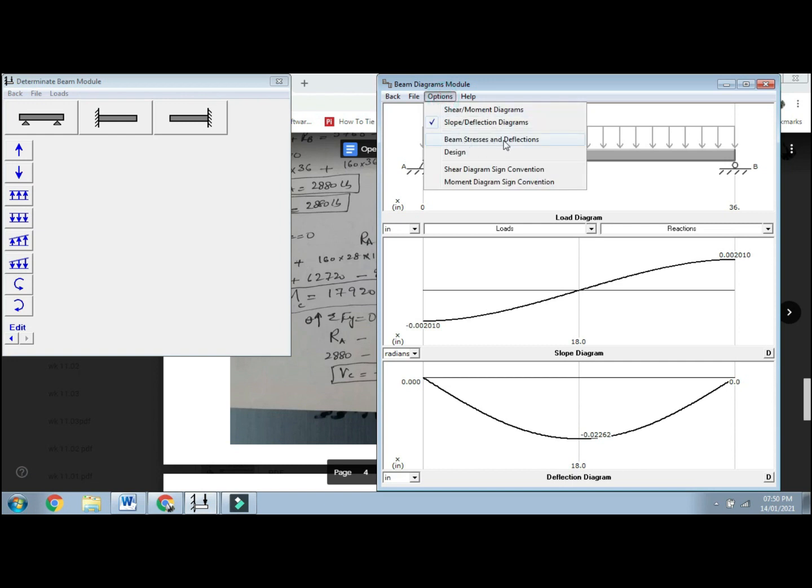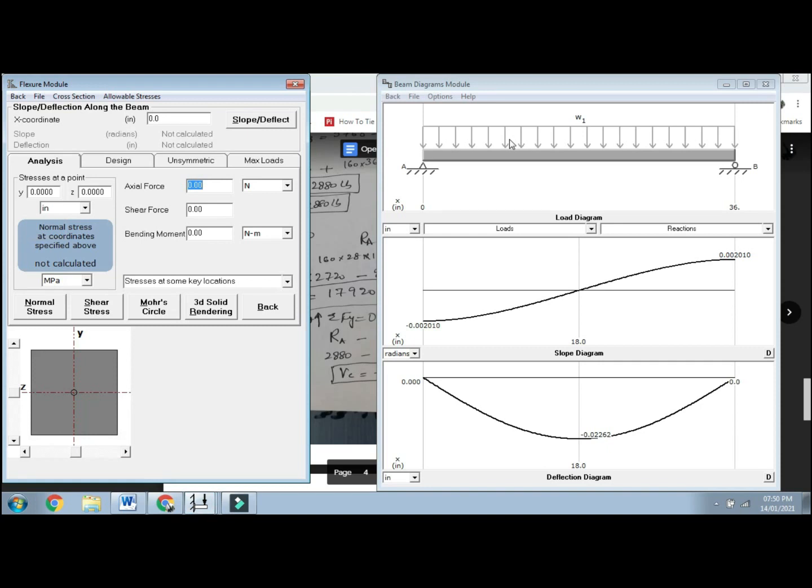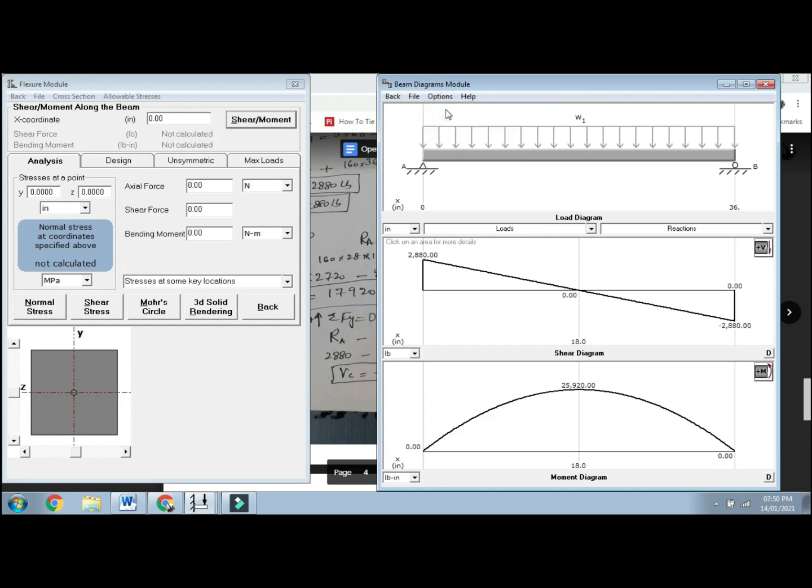Now let's go to what the problem says. We are very interested in this because I have told you in theory we have done the stresses and the deflection part. Let's see what happens now with beam stresses and deflection. This is our slope deflection diagram, and this is our shear moment diagram.